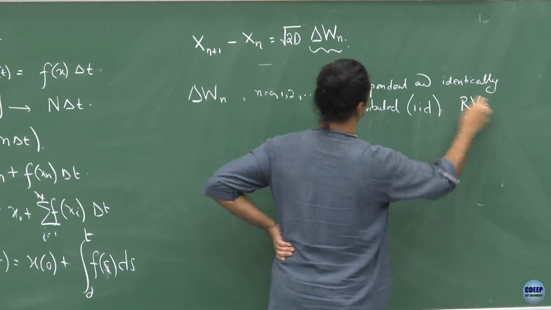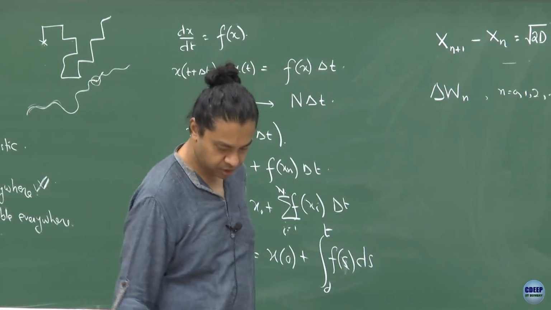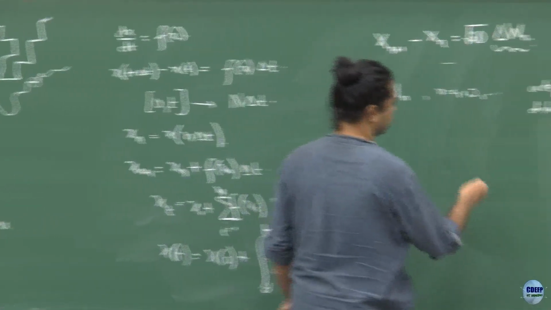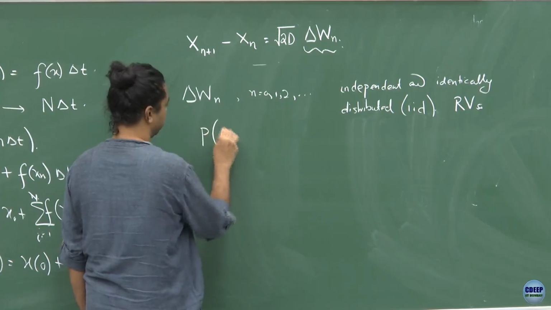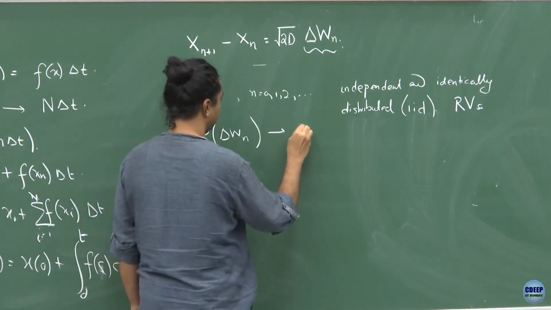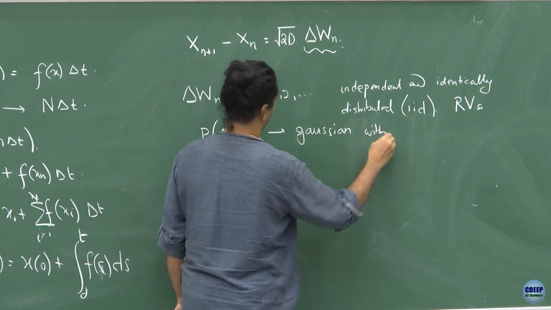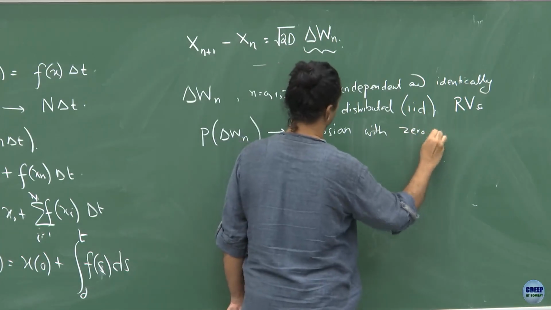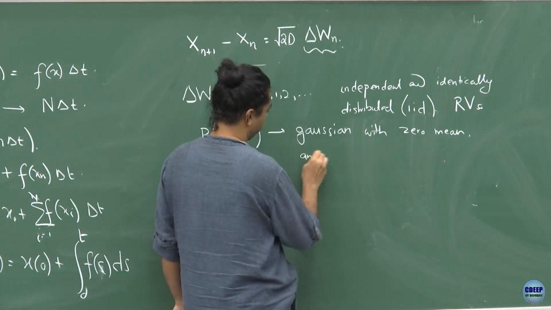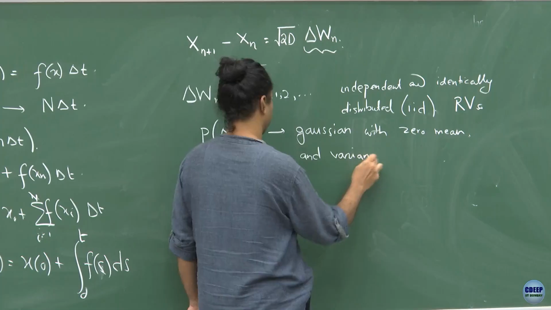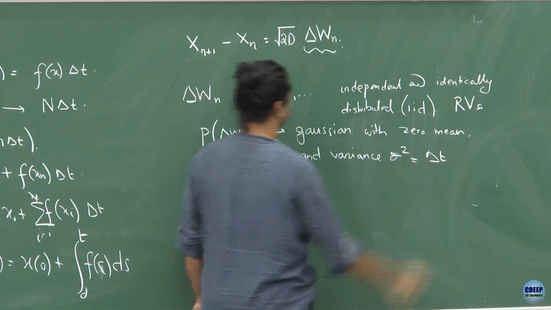These are random variables with a given probability distribution, which is a Gaussian, with zero mean and variance sigma square equal to delta t.